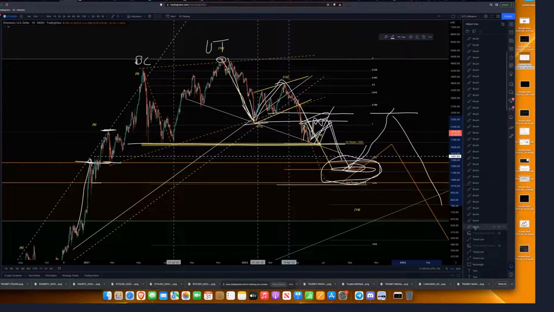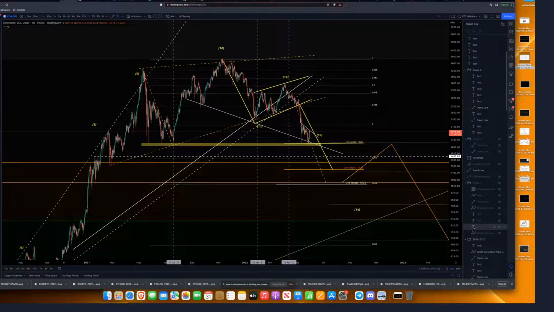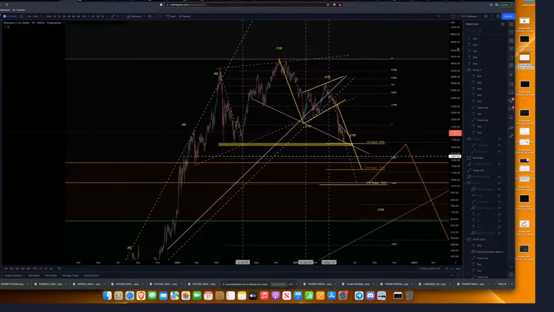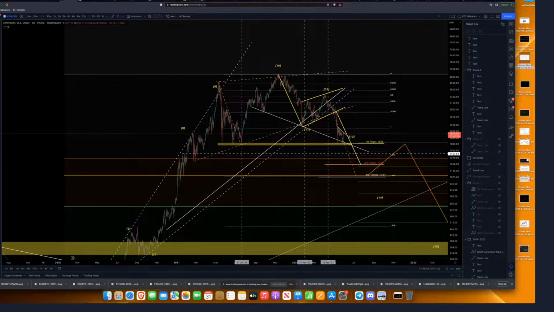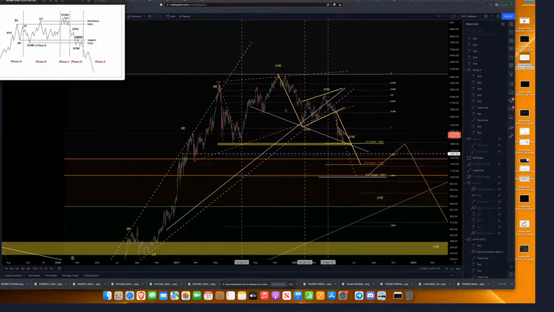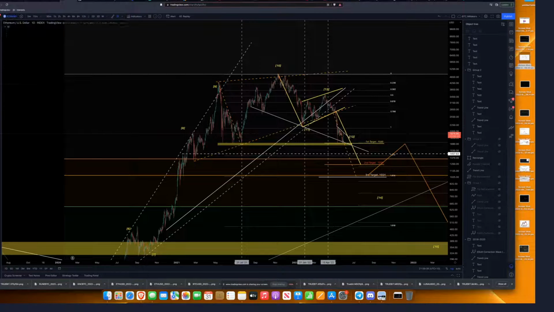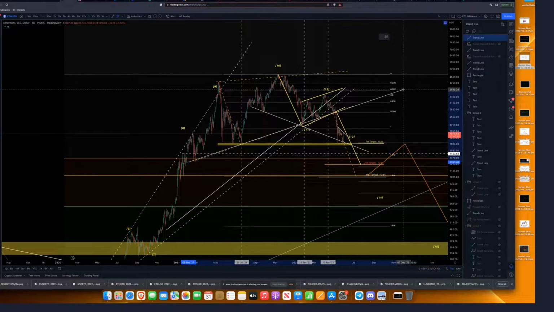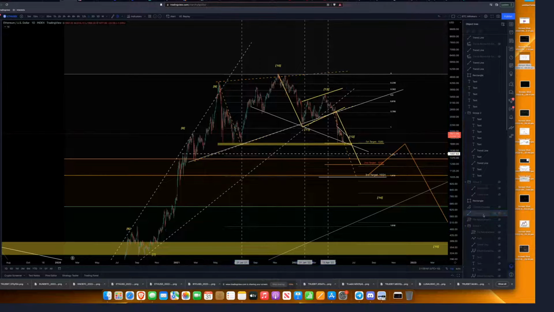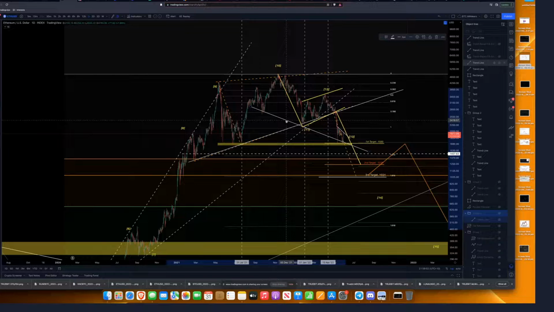But you can get the understanding that that is a big distribution structure. You can probably make the argument, if that's the ascending, actually what's this? Haven't cleaned this chart up as well as I should.